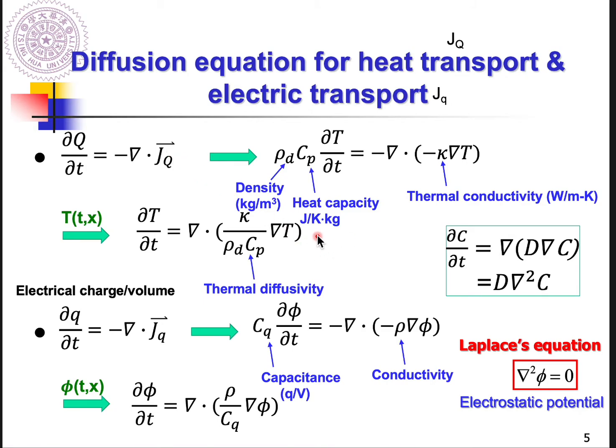The second thing is that there exists a heat flow, so there is definitely a temperature gradient or temperature variation in your system. But this temperature profile does not change with time.